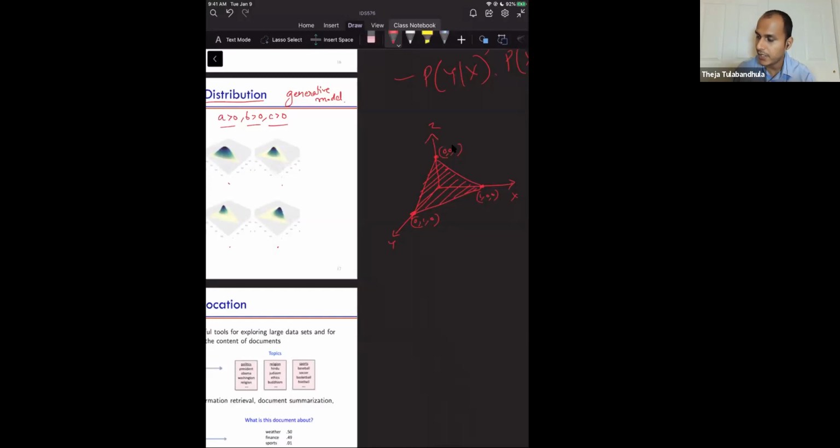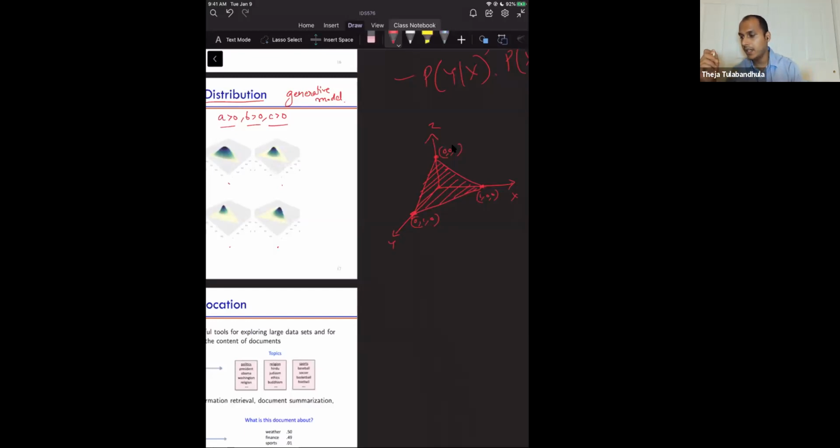This figure is just showing a three-dimensional space where there's a segment of a plane which is like a triangle. If you look at it from the front view, then it is just a triangle. But if you look at it in 3D, it's a slice which is intersecting the three axes at these coordinates.